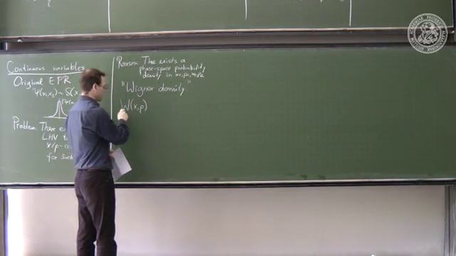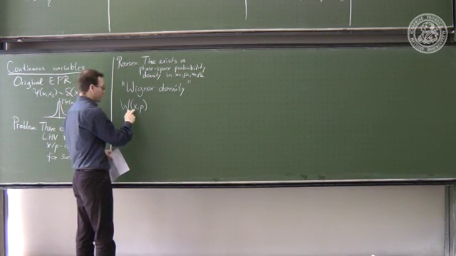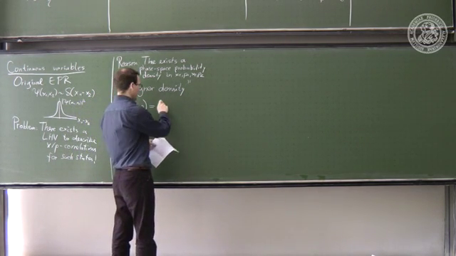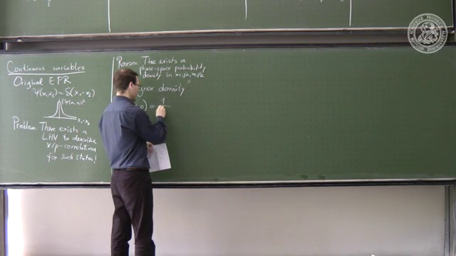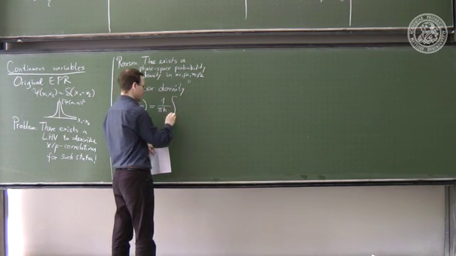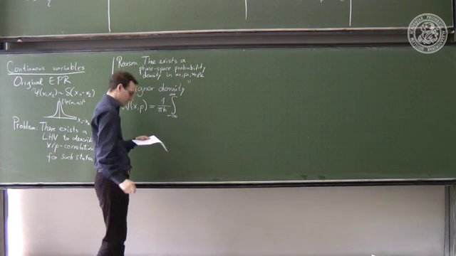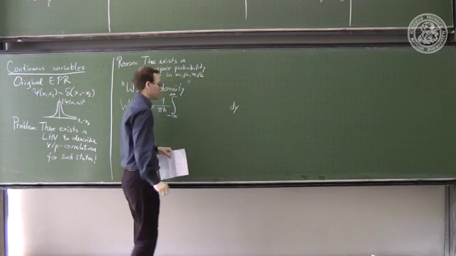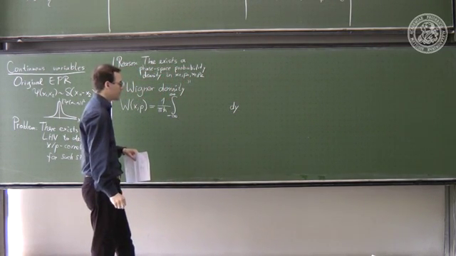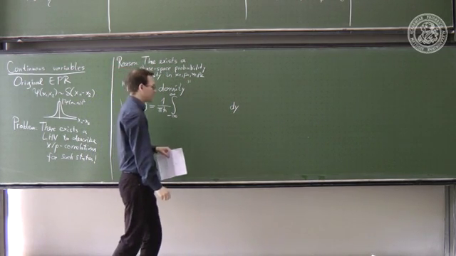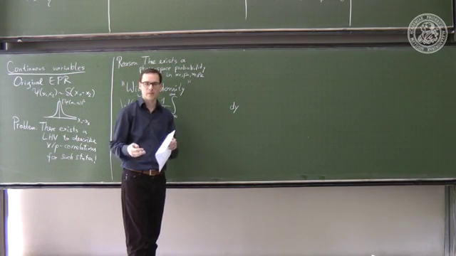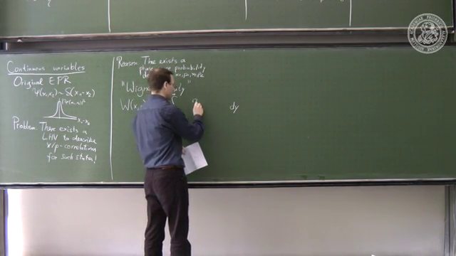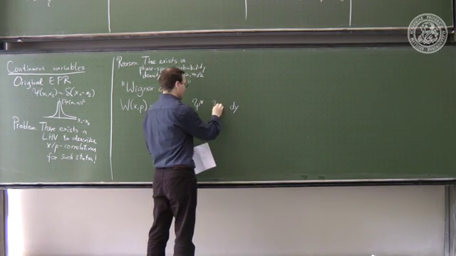So the result will be a density, let's call it W, of both position and momentum. And it's defined in the following manner. There's a prefactor, not so important, 1 over pi h bar. And then there's an integral over position. Basically it's a Fourier transform, but not of the wave function, because that would be like taking the wave function from coordinate space to momentum space. It's rather a Fourier transform in the square of the wave function.